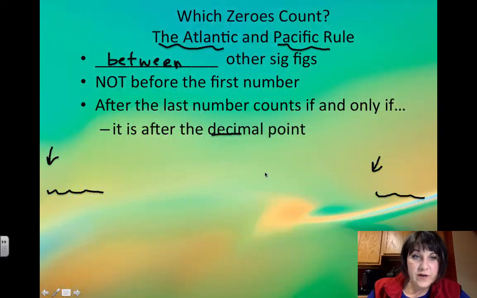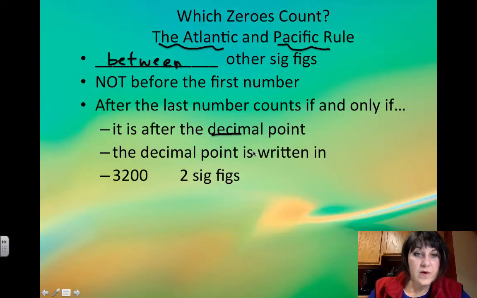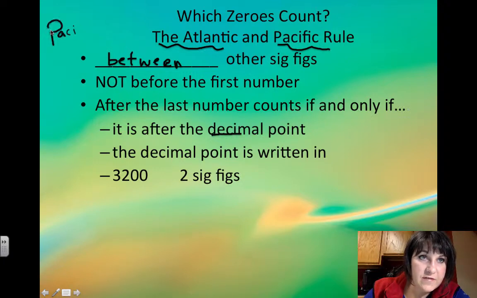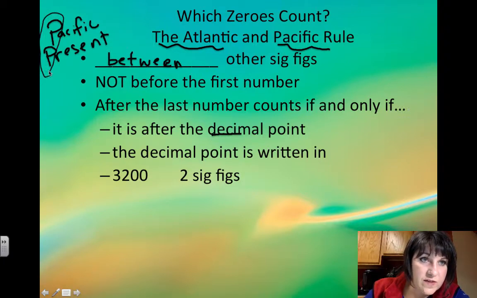So here's what we're going to do. In a number like 3200, we're going to draw a line according to the Atlantic and Pacific rule. We're going to fly our airplane in for the Pacific, which was on our left. If the decimal is present, P for present and P for Pacific, then we fly in from the left.